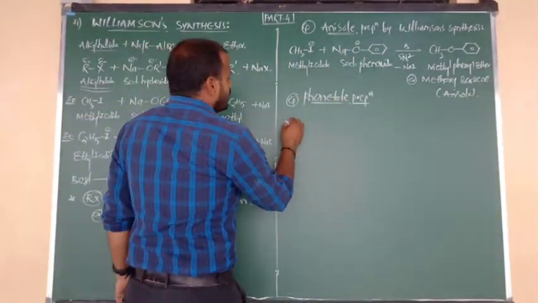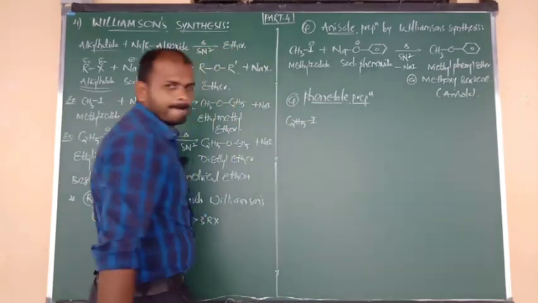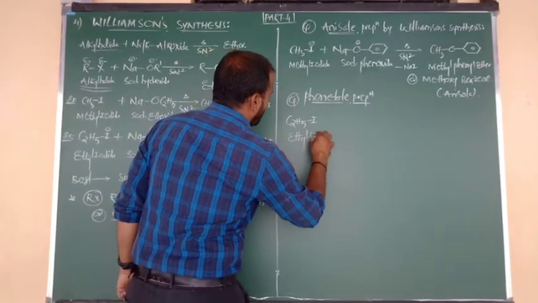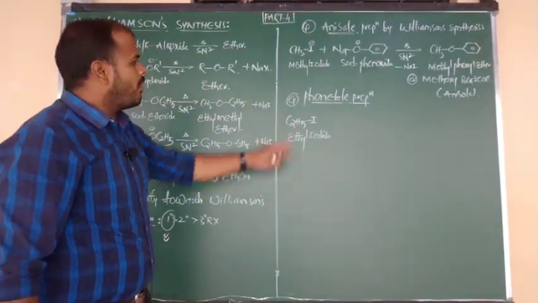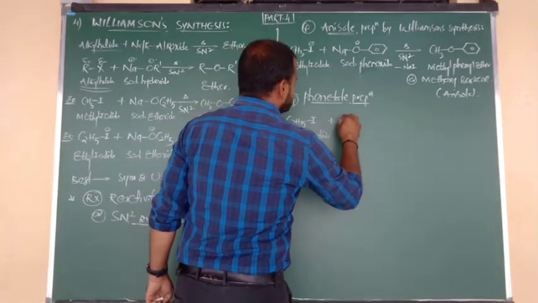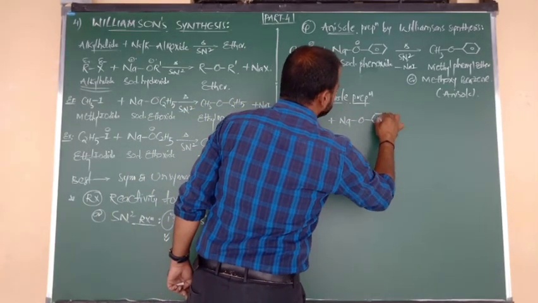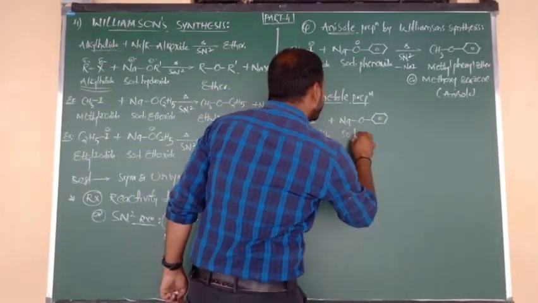Okay. Here we have to consider first of all what, beta? C2H5I, nothing but the reactant called ethyl iodide. Ethyl iodide on reaction with the same reactant, beta, sodium phenoxide. Na bonded to O, again O bonded to benzene, and also we can say C6H5. So what is the name of this reactant, beta?